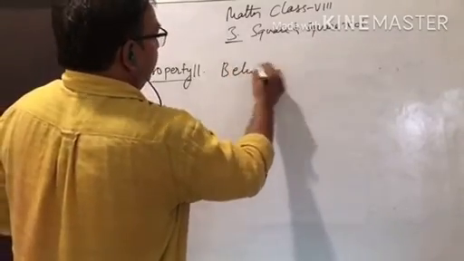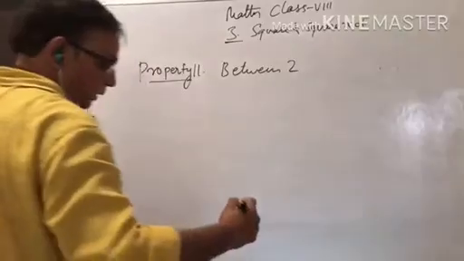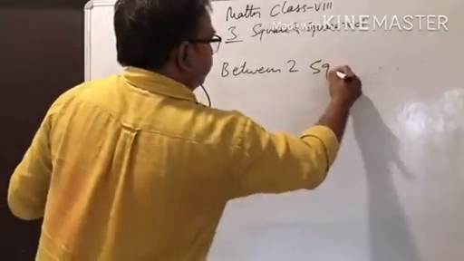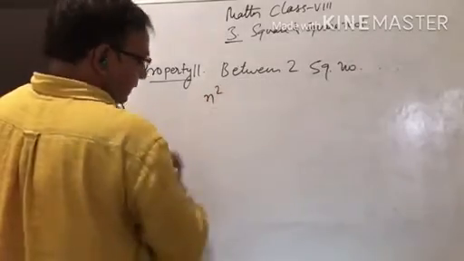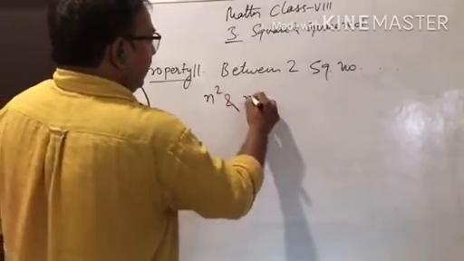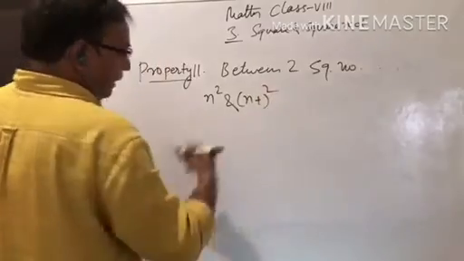Basically the property is between two square numbers. Suppose n square is the first square number and n plus 1 square is the next square number.